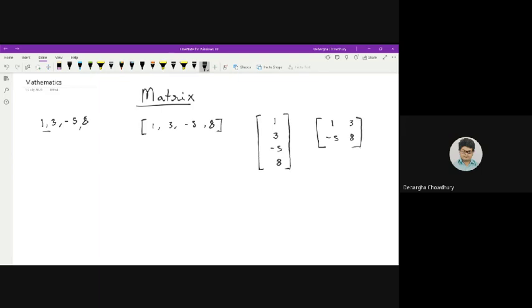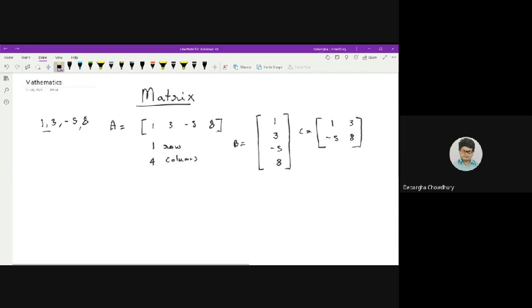Okay, so what are the differences between all of them? I'm naming them. Suppose this is A, this is B, and this is C. In A there is only one row and four columns.